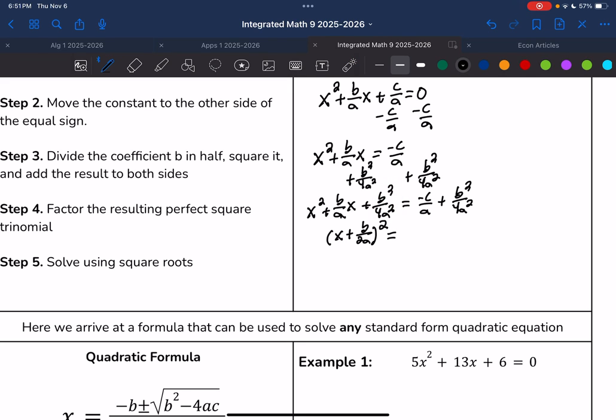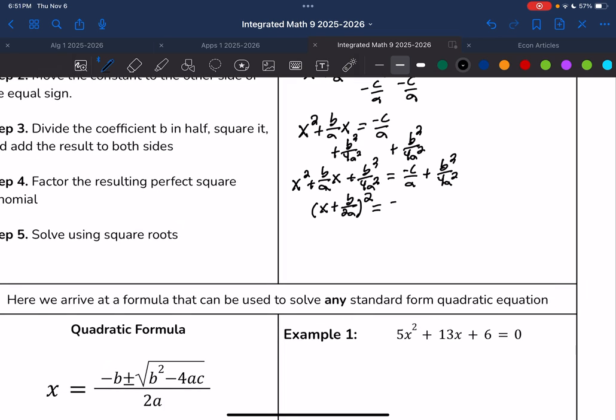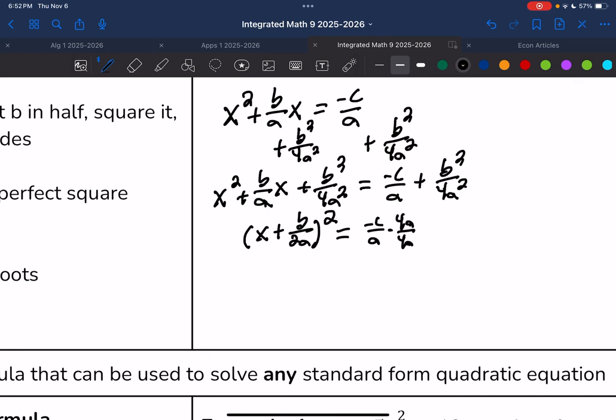And then what I'm going to do over here, just to clean it up a little bit, is take this negative c over a and multiply it by 4a over 4a. Right, 4a over 4a is equal to 1, so I'm not changing the value of it, plus b squared over 4a squared.